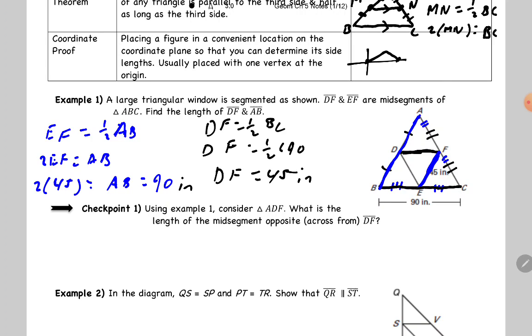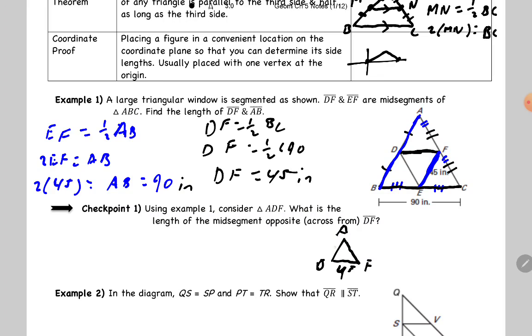Using example 1, consider triangle ADF. Okay, so we have ADF. That's that upper triangle there. We know that DF is 45. What is the length of the midsegment across from DF?